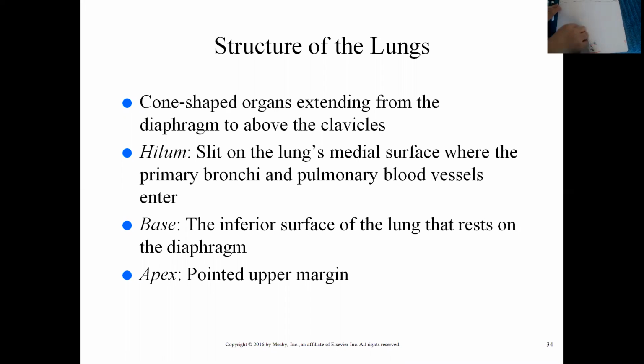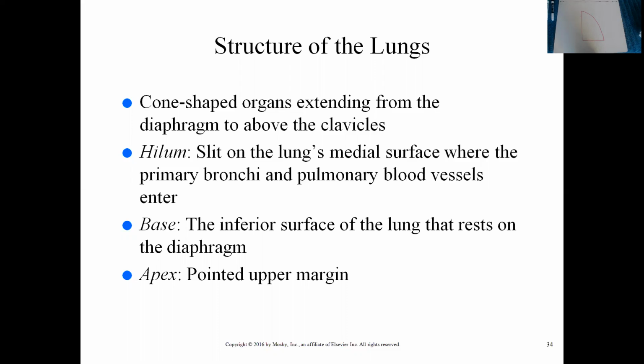Draw a picture here. The lungs are, roughly speaking, upside down cone shapes. So I'm going to draw out just one lung here, kind of upside down cone shape, something like this. That's a lung.